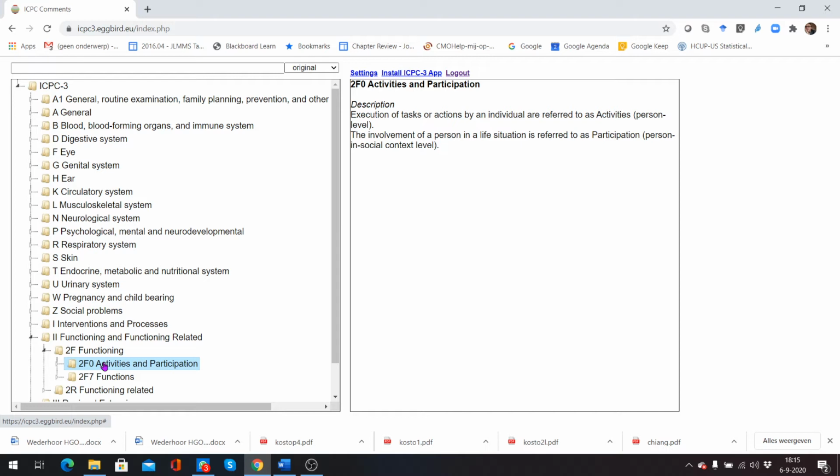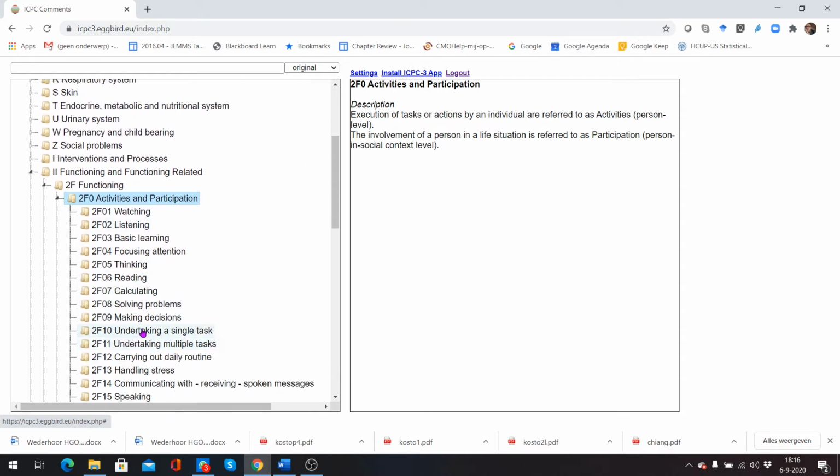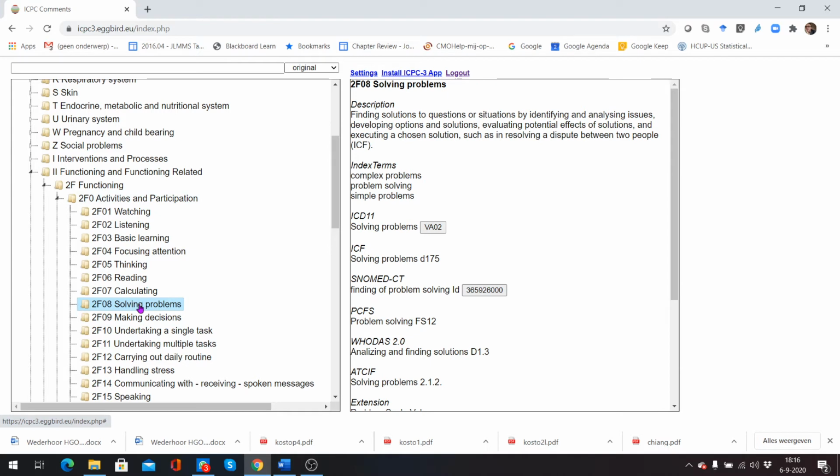And as everywhere in the ICPC-3, in the right-hand window, there's more content information about the class. As an example, solving problems. You can see the description, the linkages to the classifications and to SNOMED, a clinical terminology, and also the linkages to the questionnaires.